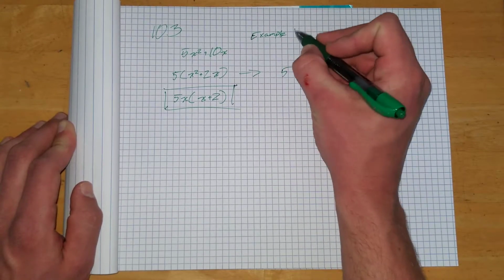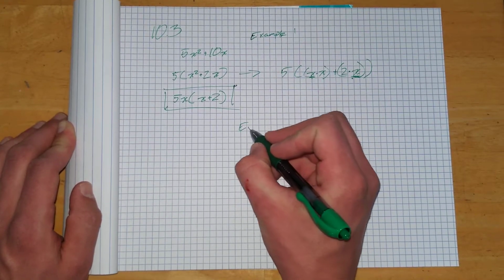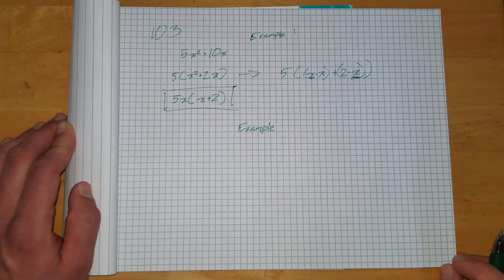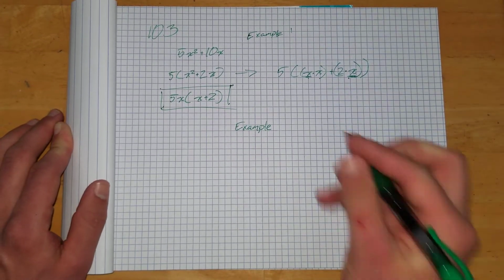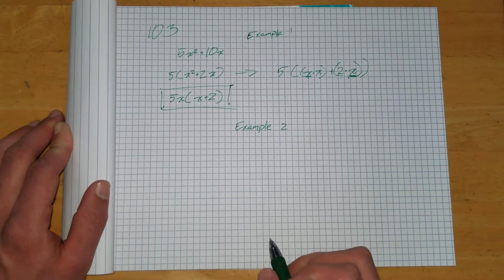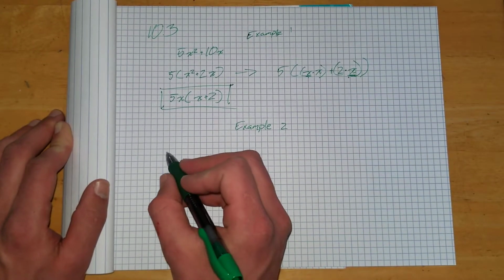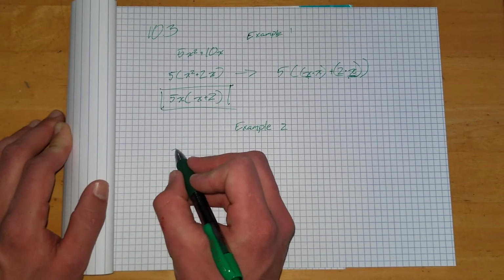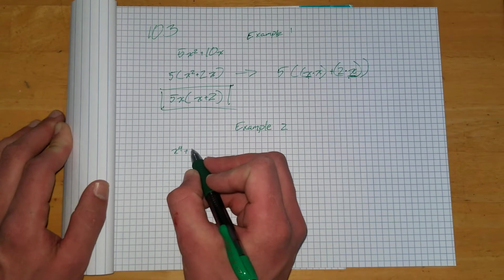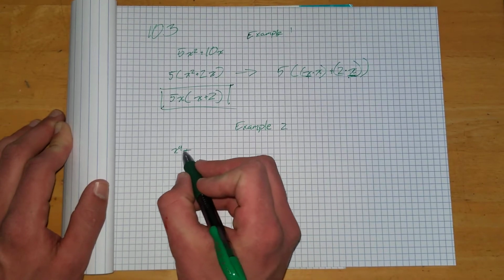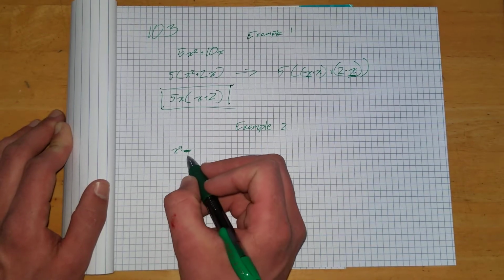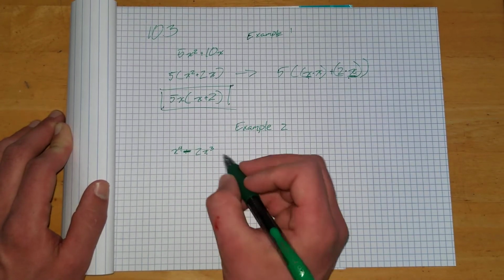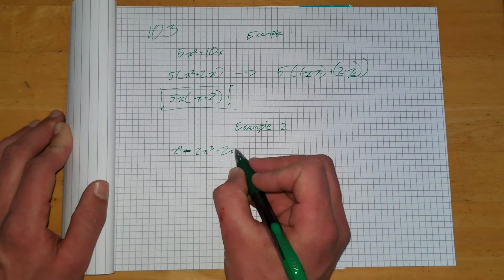Let's look at example 2 really quick. Example 2 is not going to be too much different than example 1, but we have a bigger polynomial. So we have: factor x to the 4th minus, that's a minus sign, 2x cubed plus 2x squared.